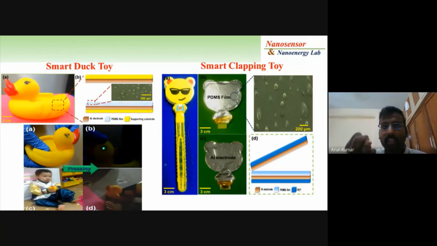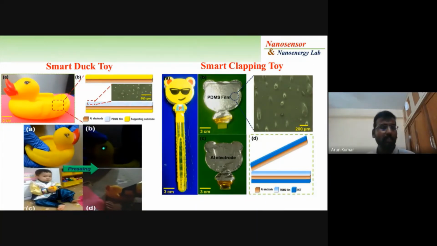Whenever we give some physiotherapy treatment, their muscle motion slowly increases. So at that time you give these kinds of toys; whenever you shake this toy the light will glow, and here you press, the LED will glow. So it's completely a battery-free device.